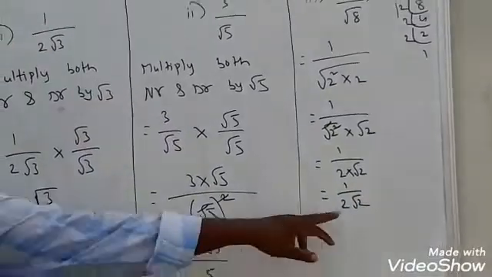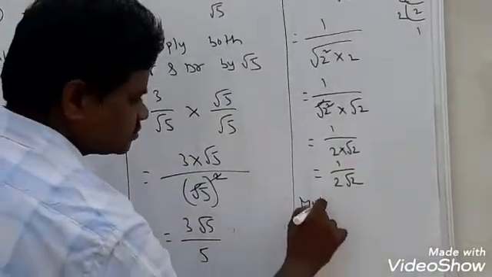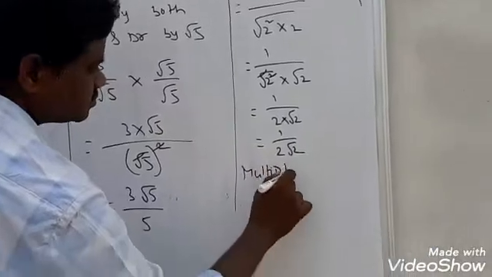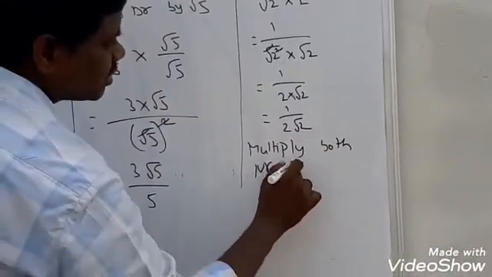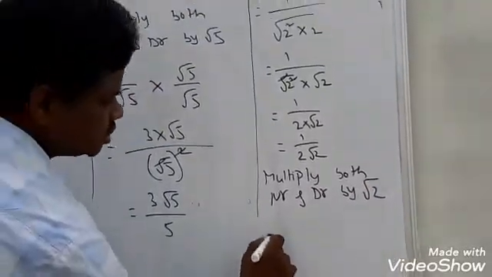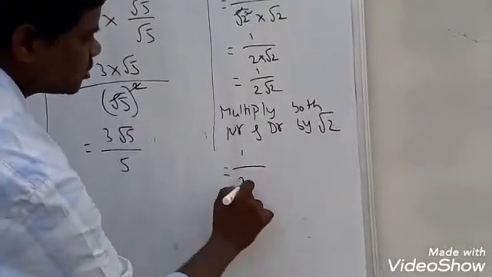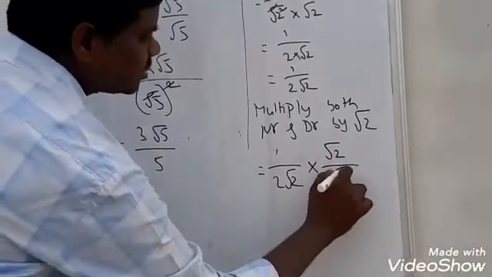So the denominator root 2 is there. That's why multiply both NR and DR by root 2. So you'll get 1 by 2 root 2 into root 2 by root 2.